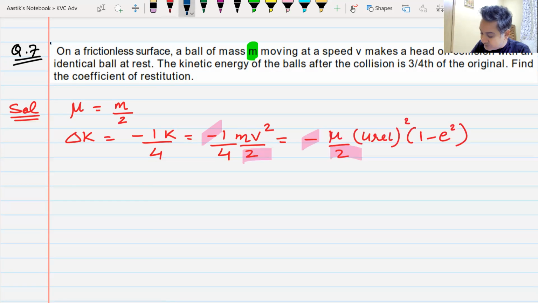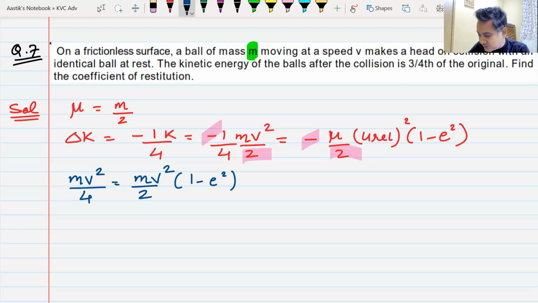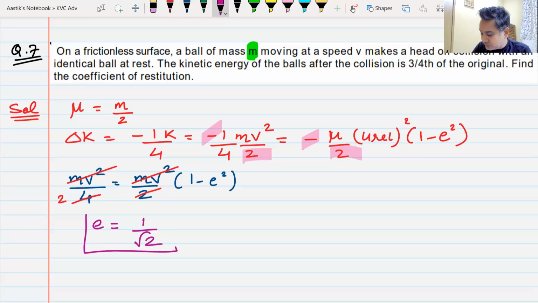So what are we left with? mv square by 4 is equal to mu, which is m by 2, times u relative, which is v minus 0, so v square, times (1 minus e square). That's it, you get your answer. So the value of e will come as 1 by root 2.